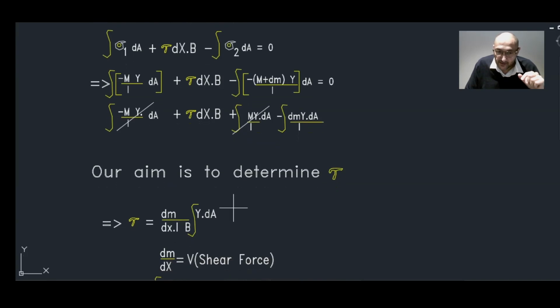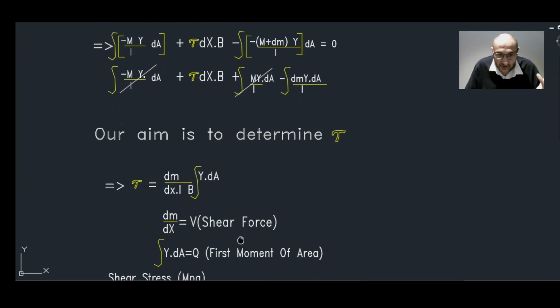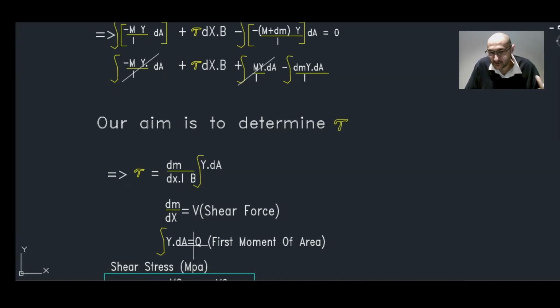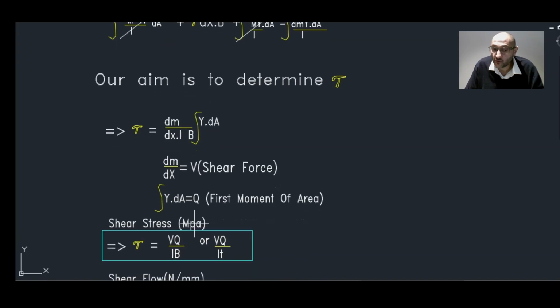If you all remember, the differentiation of the moment diagram is equal to the shear force diagram, and the integration of the shear force diagram is the moment diagram. So we can replace dM/dx with the shear force V, and the integration of y dA is the first moment of area Q. Integration of y squared dA is the second moment of area.